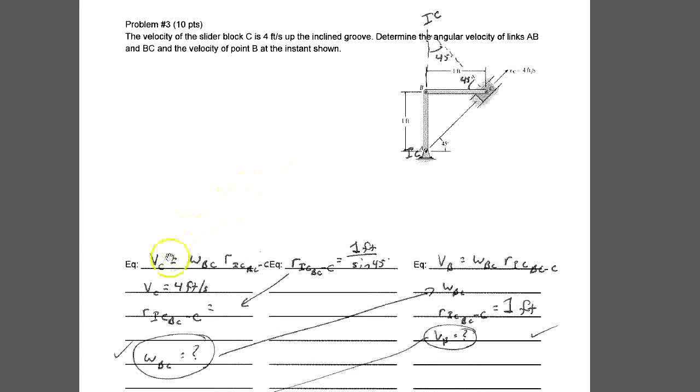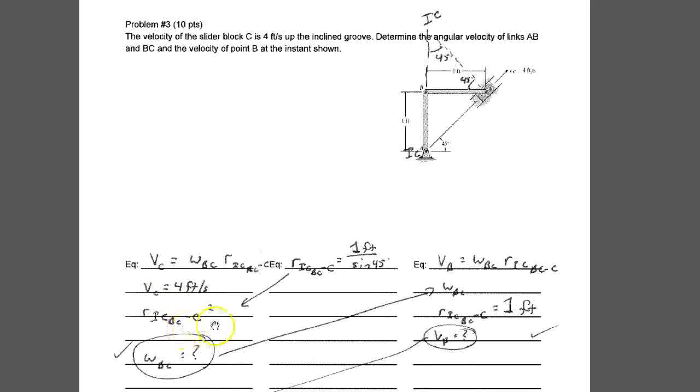But you write it out in variable form. So here is VC equals omega BC times R IC, and then it has some subscripts here as well. And then what you want to do is use these equations to solve for something. So here you just start writing out the knowns. So VC is equal to 4 feet per second.